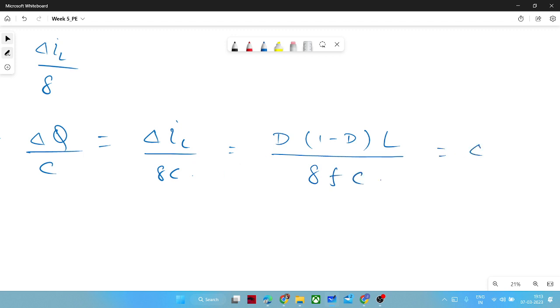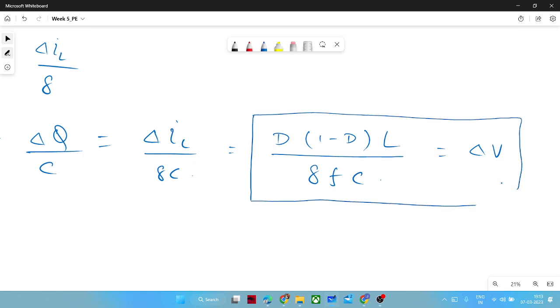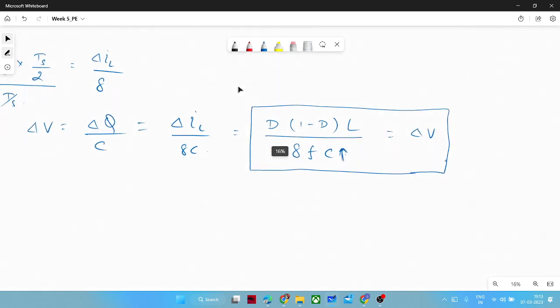So this will be the value of del V. As you increase the value of capacitance, you will get the lower ripple in the voltage.